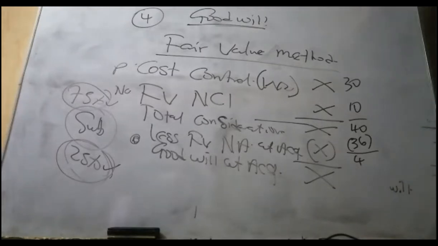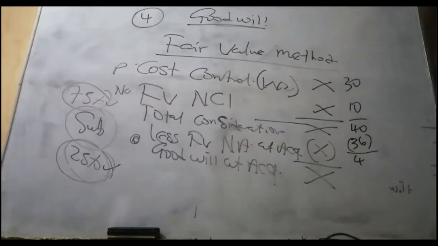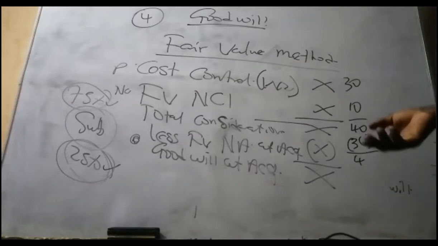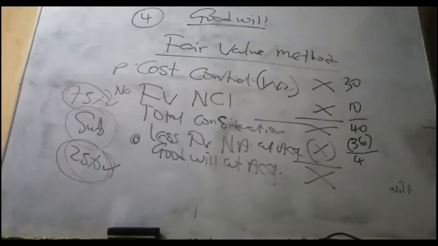Immediately you acquire the company, you calculate goodwill, and that is 4 cedis. This goodwill is a combination of the NCI's own and the parent's own. We don't have enough time. I could have illustrated an alternative way to arrive at the same answer. Let's go by this. This one is very short, and it's okay.